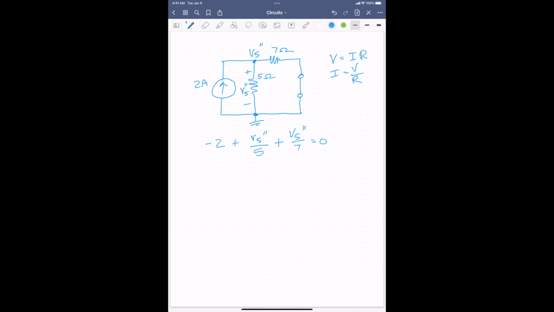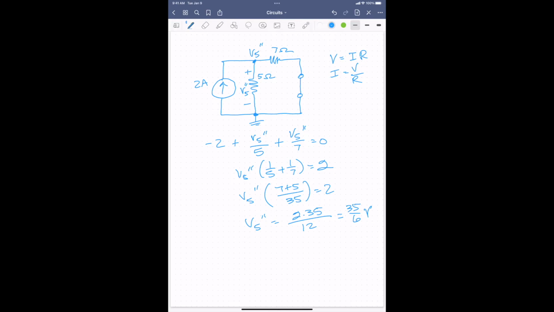Solving for V5 double prime gives us V5 double prime times (1/5 + 1/7) is equal to 2. I like to leave it as a fraction, so combining we get (7 + 5) over 35 is equal to 2, which gives me V5 double prime is equal to 2 times 35 over 12, which is equal to 35/6 volts.